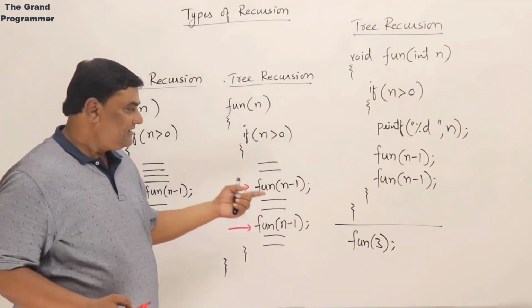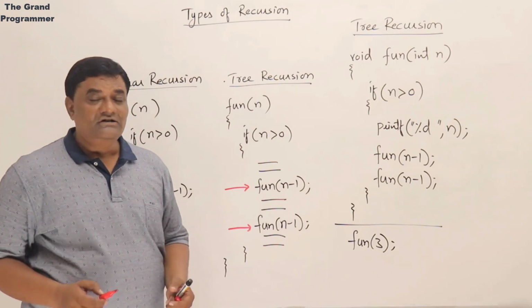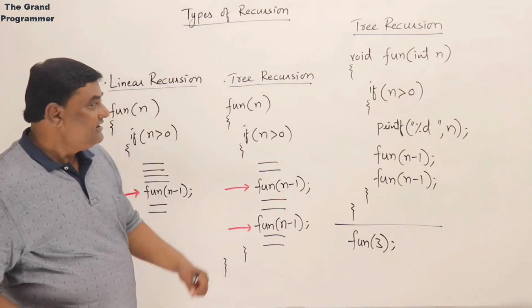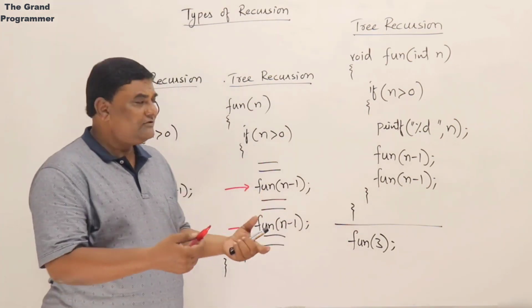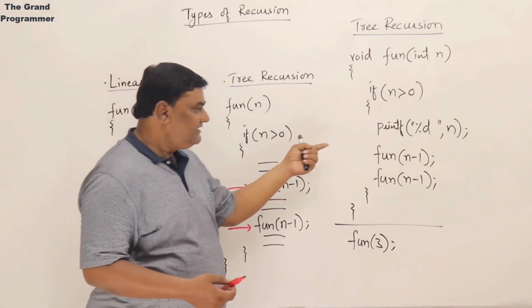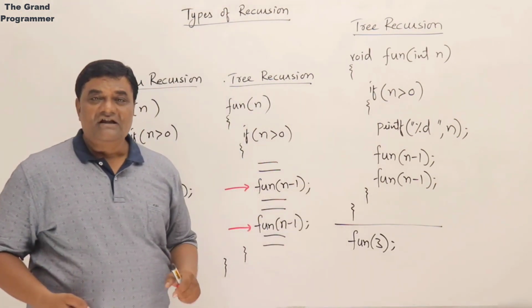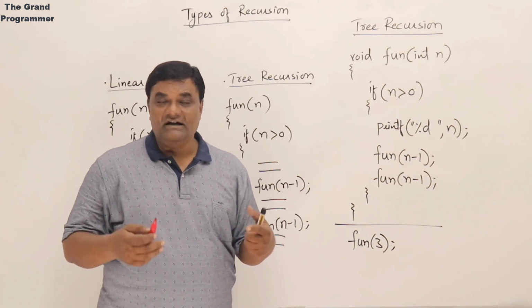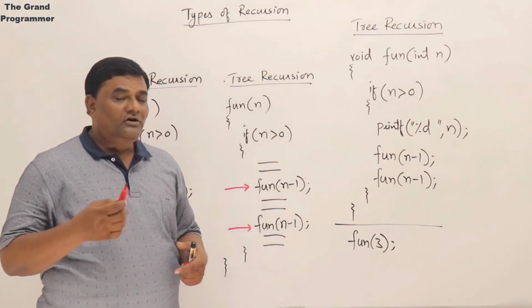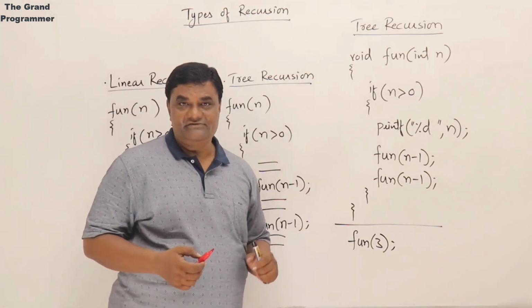In my example, I have shown it as 2 times, but it may be more than 2 times also. So that we call tree recursion. Here I have one example of tree recursion which is similar to the previous examples, the only difference is it is calling itself more than one time. I will trace this one and show you how it will work and what will be the output, and also how the stack is created.